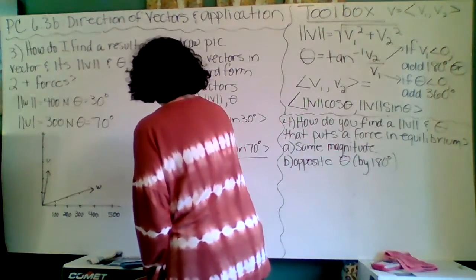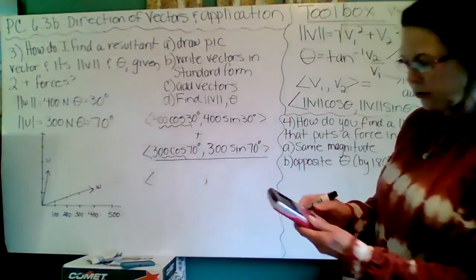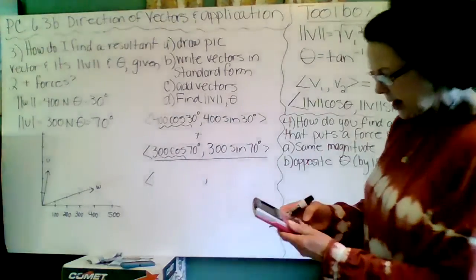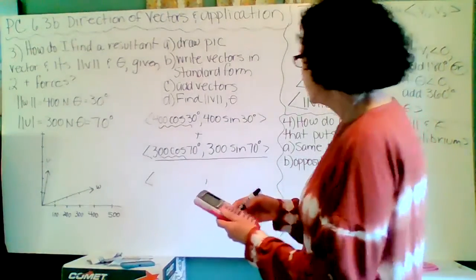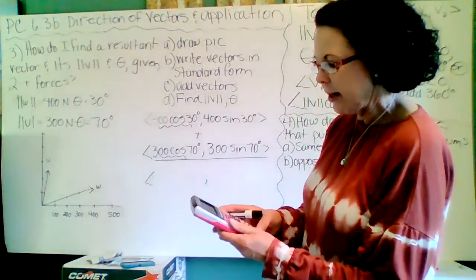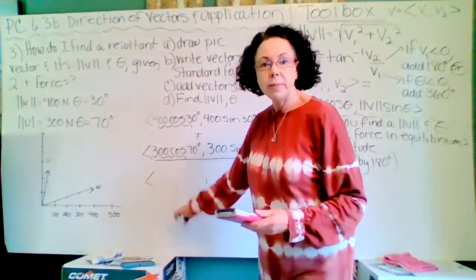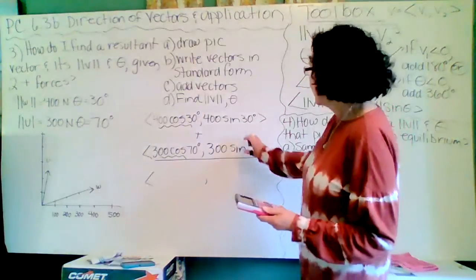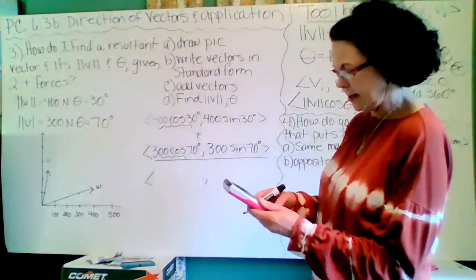I am going to, in my calculator, in degree mode, put 400 cosine of 30. I'm hitting enter, and I'm going to add that to 300 cosine of 70, right? I'm adding the horizontal components together and putting them in the horizontal position, and then I'll add the vertical components together and put them in the vertical position.